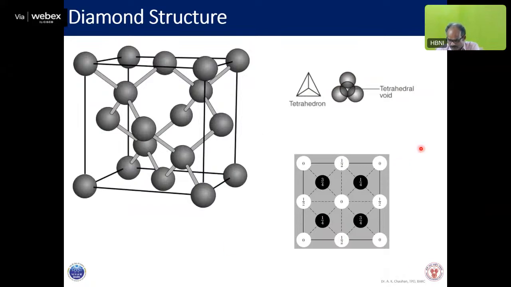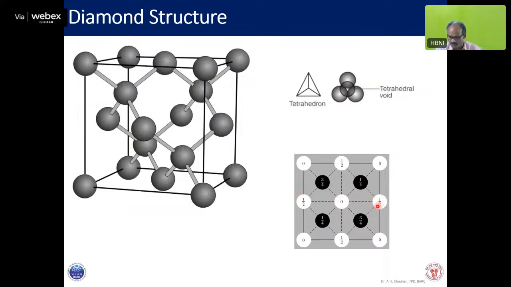So if I say in 2D, you will have at 0, 0, 0, 0 all silicon atoms, and then in these 2 corners you will have silicon atoms from the bottom at 1/4, 1/4, and then here these are the face-centered atoms.